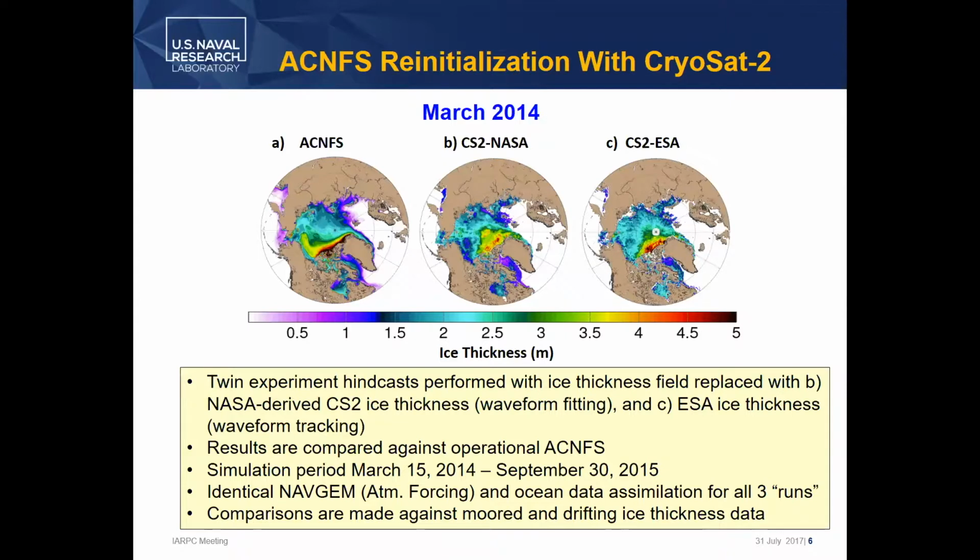So we're going to compare against Arctic Cap. The simulation period is 18 months from mid-March of 2014 to the end of September of 2015. The NAVGEM, our atmospheric forcing, is consistent for all three of these runs. So the atmosphere is not coupled to the ice or ocean model, and we're using the same data assimilation.